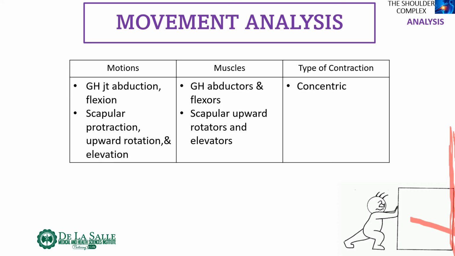It's like you're pushing the wall. If you're pushing the wall, there will be no changes in the length of the muscles, even if you contract them, because you're not moving. You're just pushing the wall. So that is isometric contraction of these muscles.